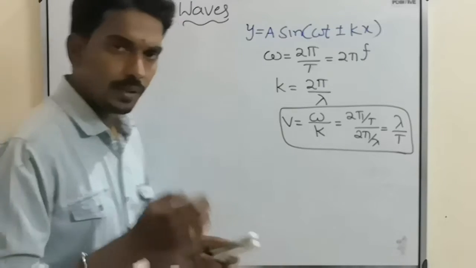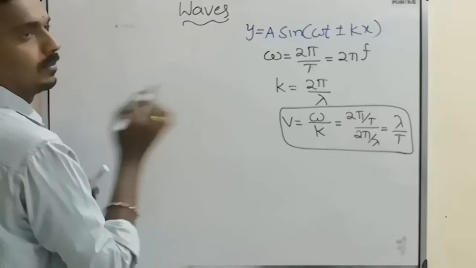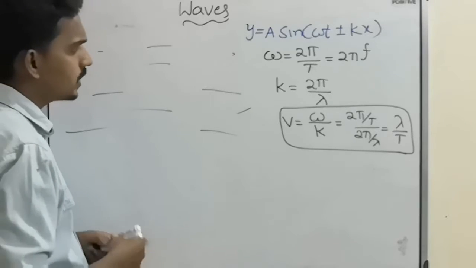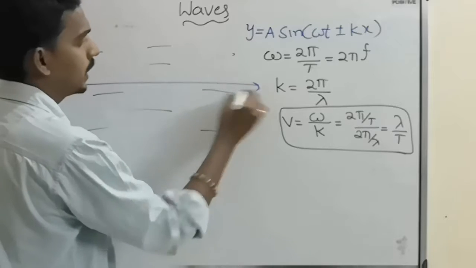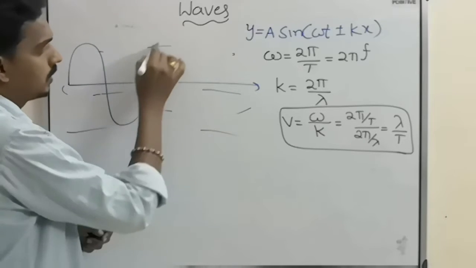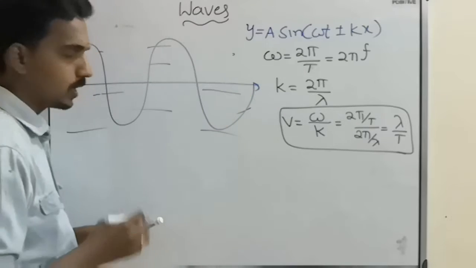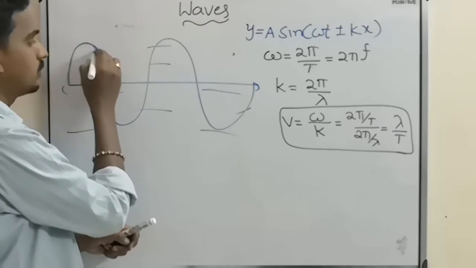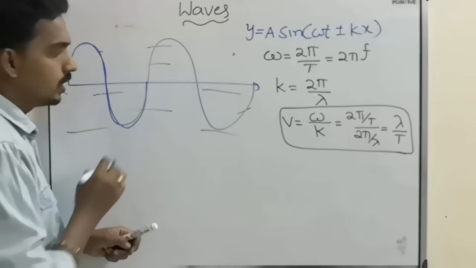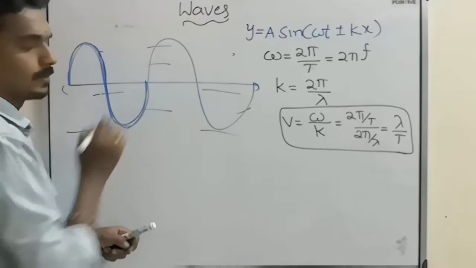But when you consider wave motion through a medium, there are so many particles. When the wave travels through the medium, the particles vibrate such that the displacement y reaches maximum, then becomes 0, then negative maximum, then 0. This is called one time period or one vibration.